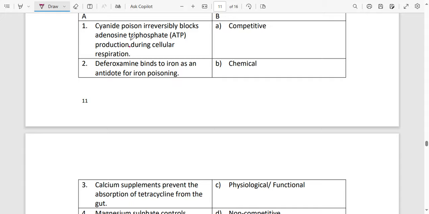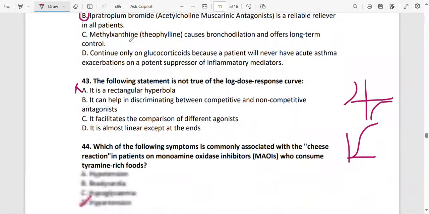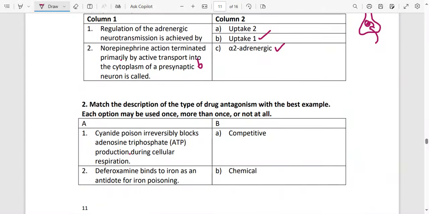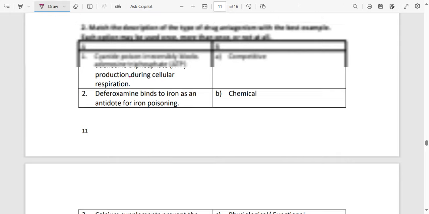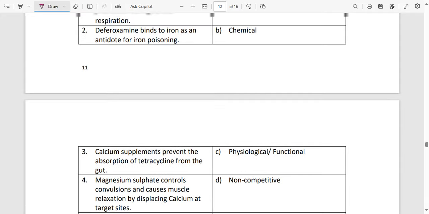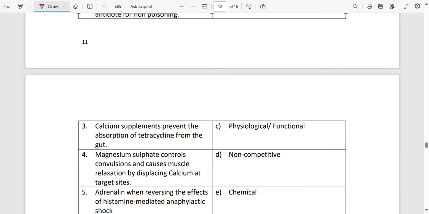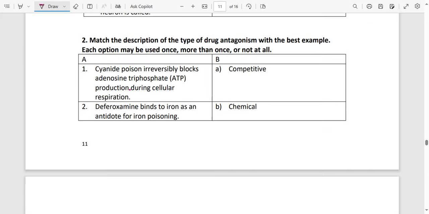What type of antagonism is that? Competitive, non-competitive, physiological, or chemical? It's what? It's chemical. That's the one you choose. Chemical.